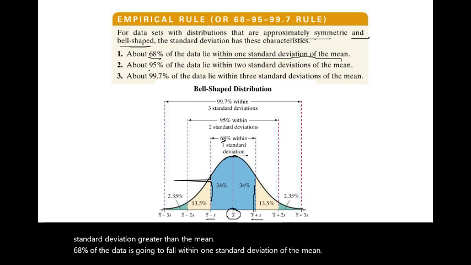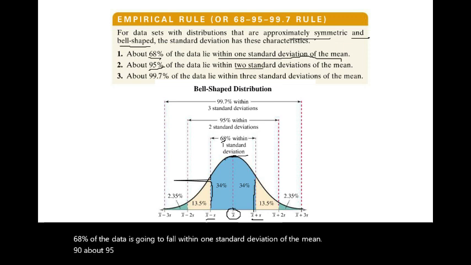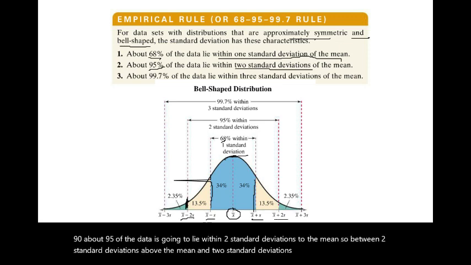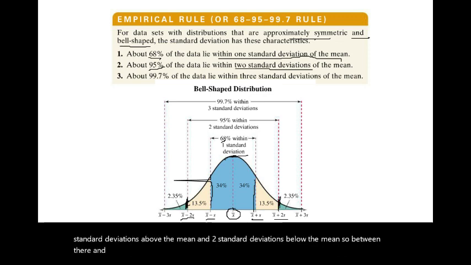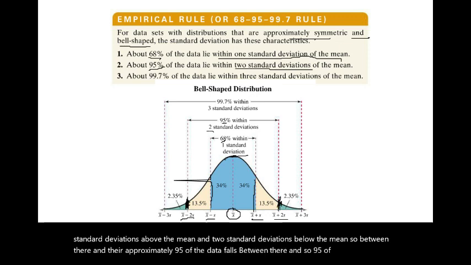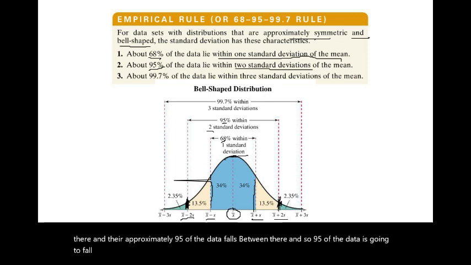About 95% of the data is going to lie within two standard deviations of the mean. So between two standard deviations above the mean and two standard deviations below the mean, between there and there, approximately 95% of the data falls. So 95% of the data is going to fall within two standard deviations of the mean.